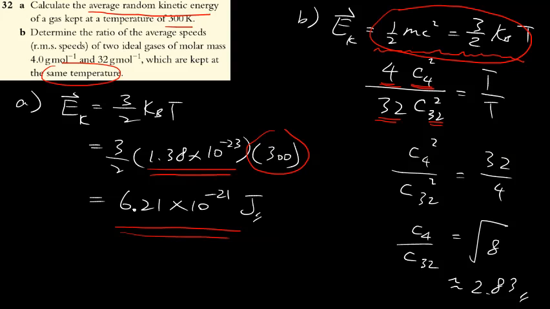Therefore the ratio will be the square root of 8, which is 2.83. And again, it's not the same as the textbook. I tried to look for any possible reason, but I don't think I made any mistake here. But if you do find any problem, please let me know and I will change that.